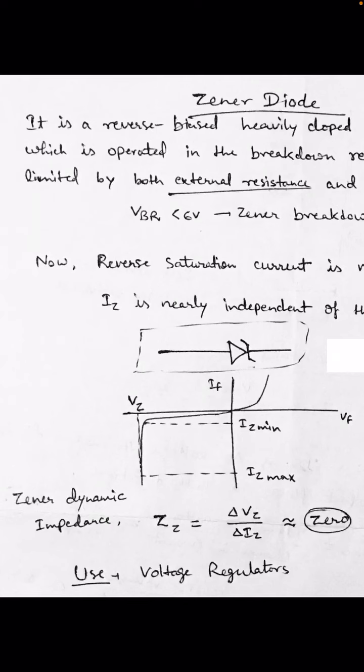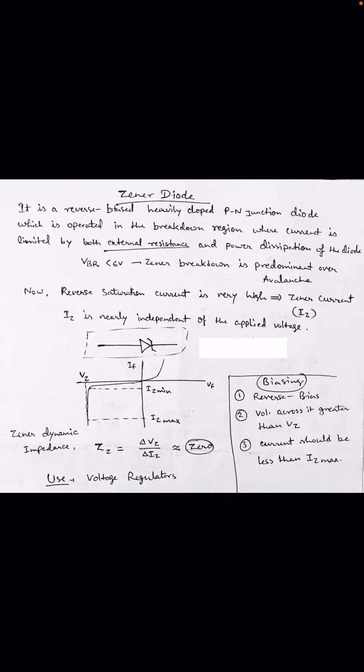Even if we have a fluctuating voltage at the output of our rectifier, if you use a Zener diode, it will absorb all the fluctuations and give us a constant, regulated output.